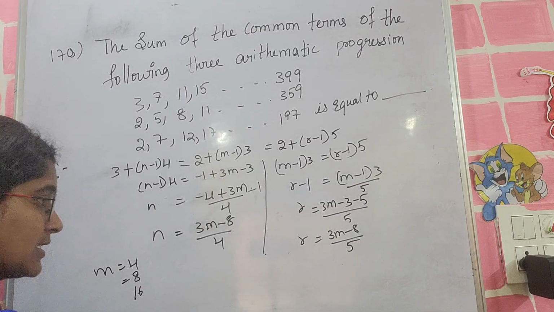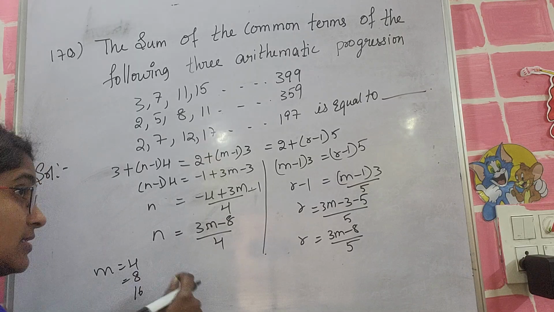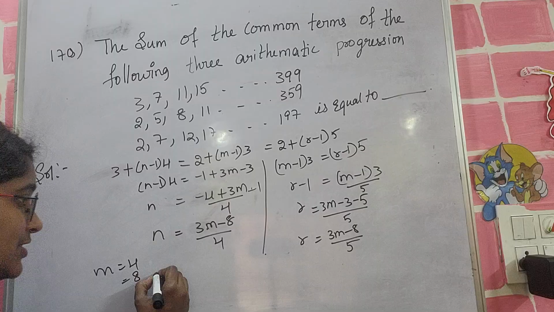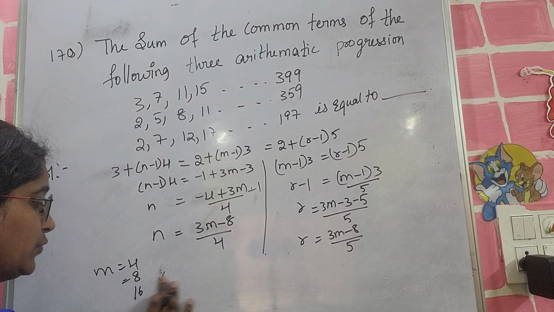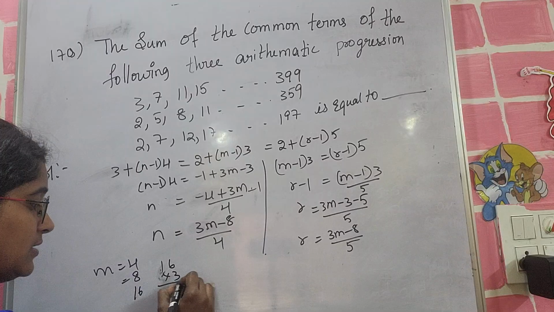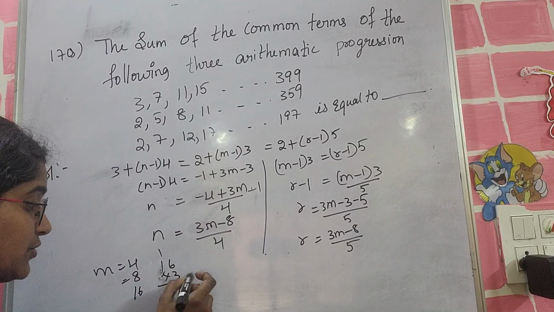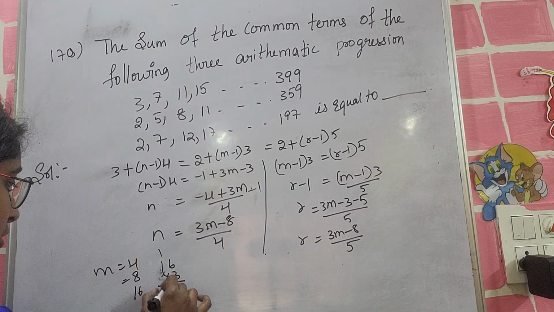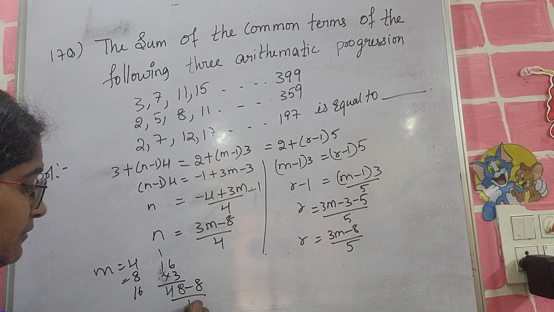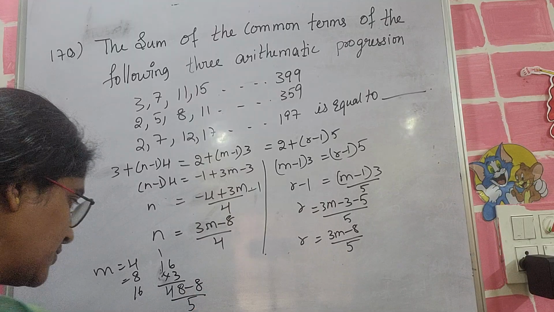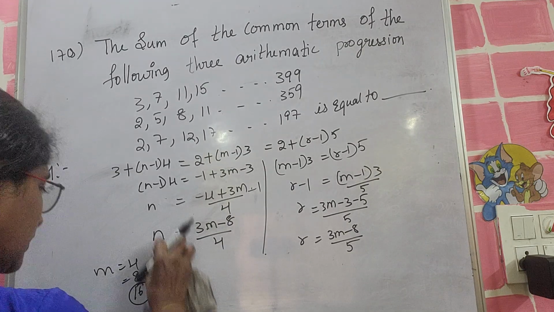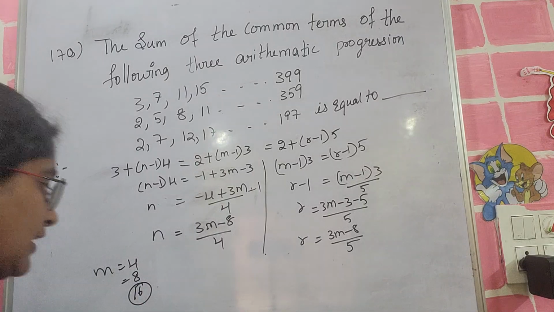Then 16: 3 eights are 24, 3 ones are 3, so 48 minus 8 by 5 is 40 by 5, which is 8. So when I substitute 16, I get a natural number. So the m value is 16.